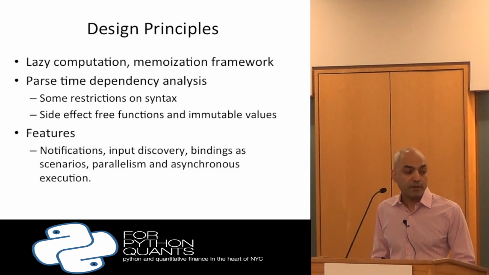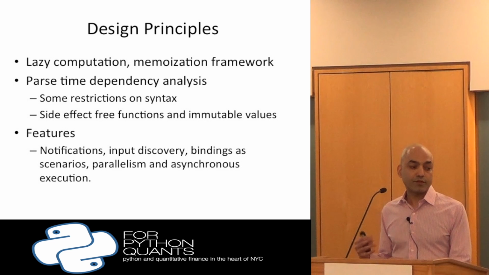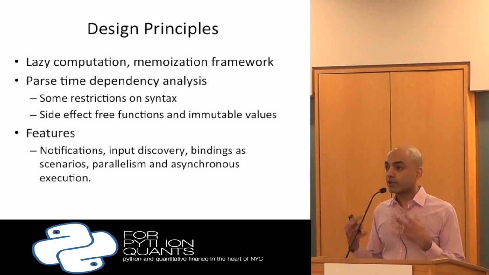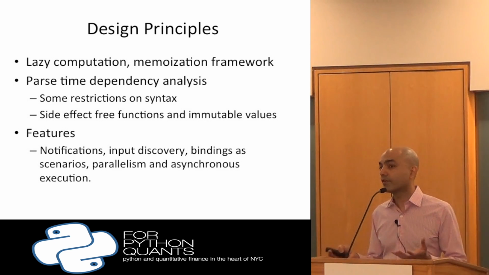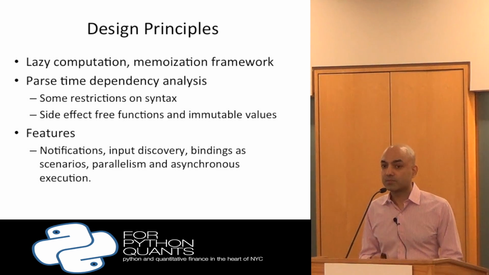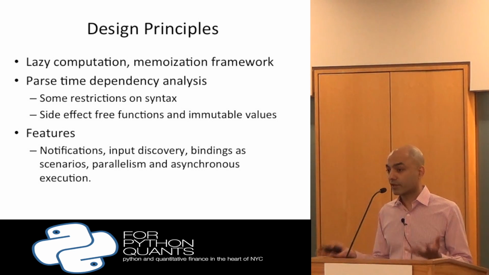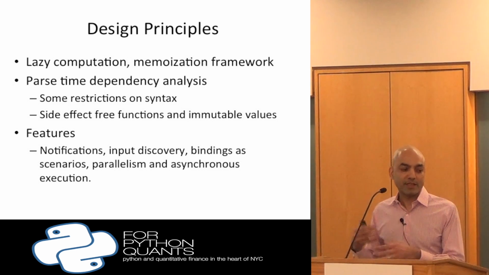The other thing that's really key about having this memoization framework is that you want side effect free functions. If you call a function twice with the same inputs, it should give you exactly the same value. That's not surprising. Excel does that too. In a sense, formulas in Excel are just pure functions. You can't do very much with them. People resort to Visual Basic and things like this.